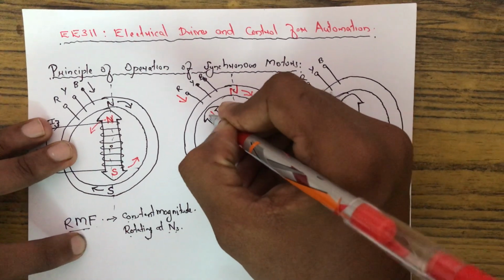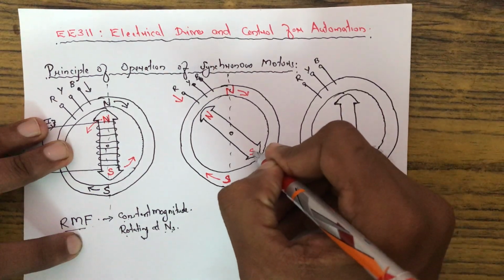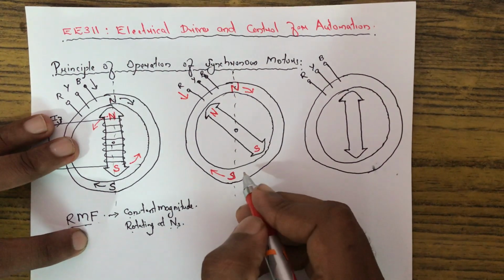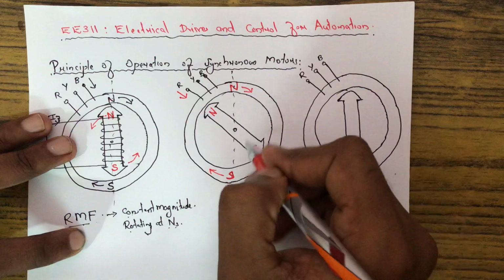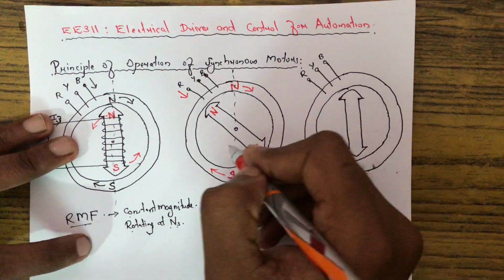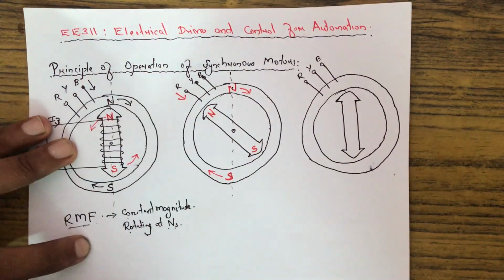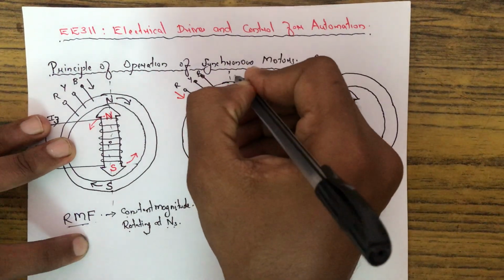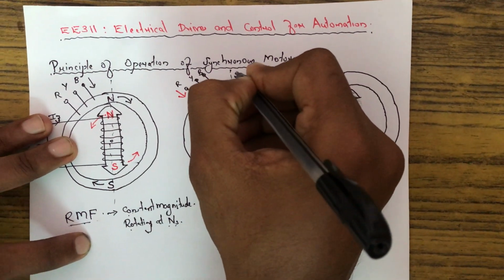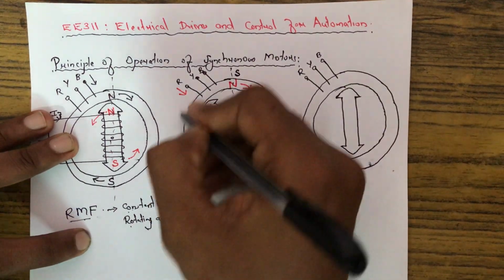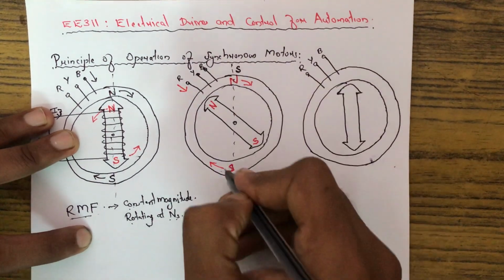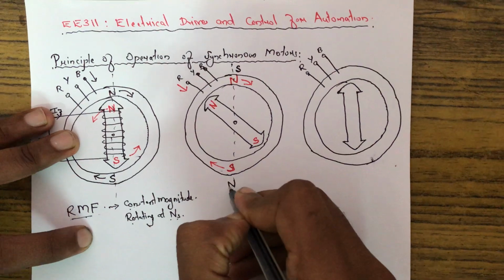The north pole comes here and the south pole comes here at the first instant. And at the next instant, this south pole will come here and the north will come here. The south pole will be rotating and coming to this position. This south pole will come here and this north pole will be coming here. Then what happens?